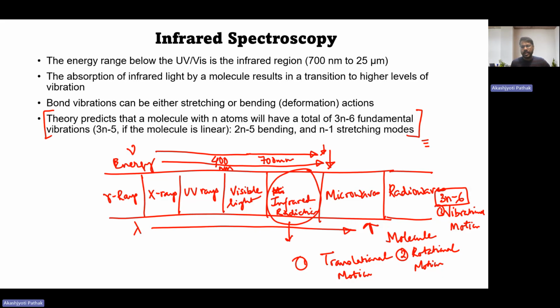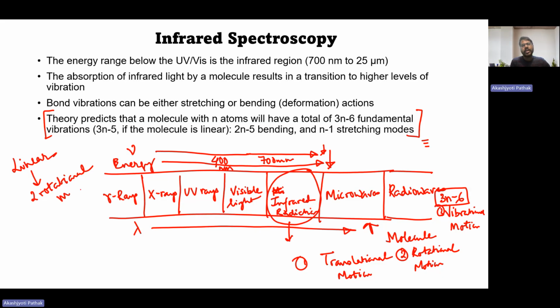Now, if the molecule is linear, then what will happen? It will show only two kinds of rotational motion. Why is it so? Because the rotation along its own axis will not result in any difference.